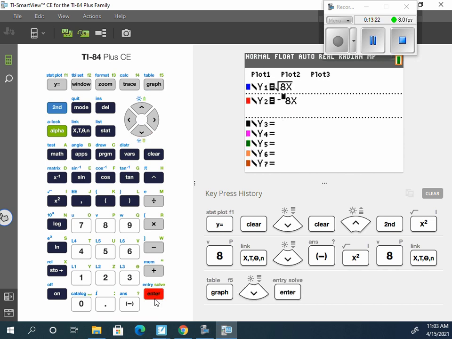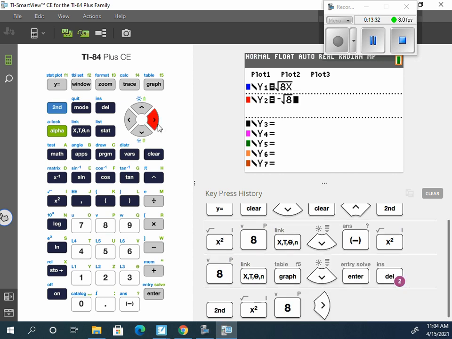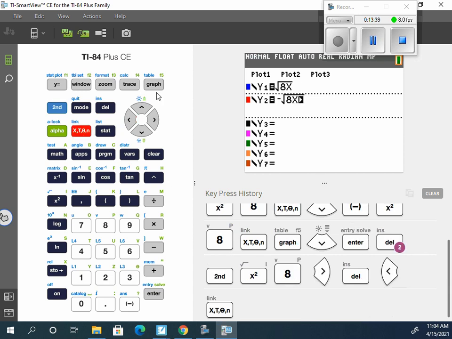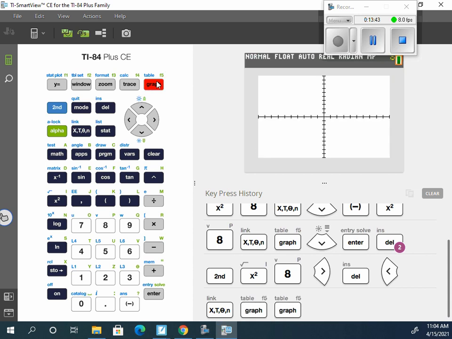Second, square root 8x, delete x. Hold on. There's a graph. There it is. So we get the top and bottom half of the parabola. And that'd be our answer.